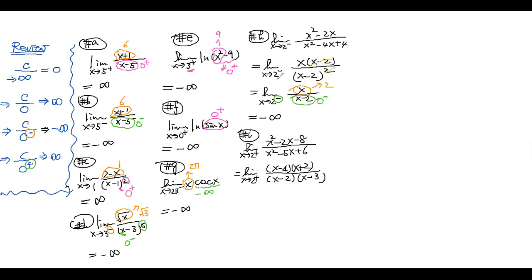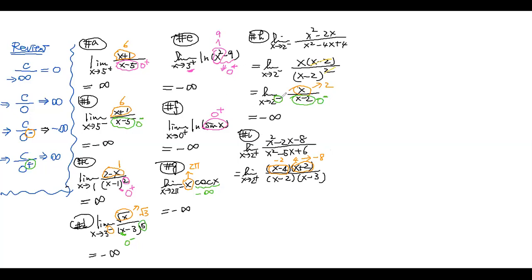Okay, so now let's take a look. When x approaches 2, this one will approach negative 2, and this one will approach 4, so the top basically approaches negative 8. Now let's take a look at the bottom.